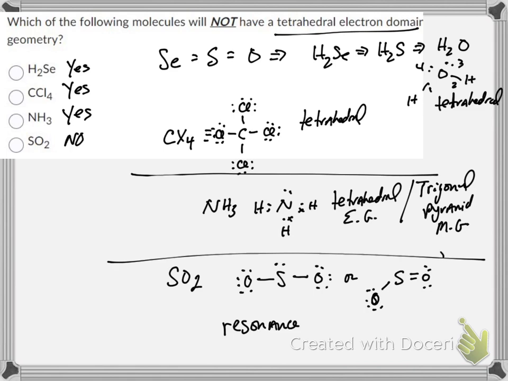It's electronically trigonal planar. So no, SO2 is not an electronic tetrahedron. It forms a resonance structure.